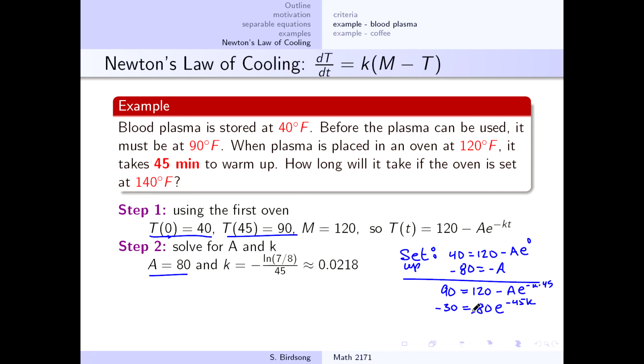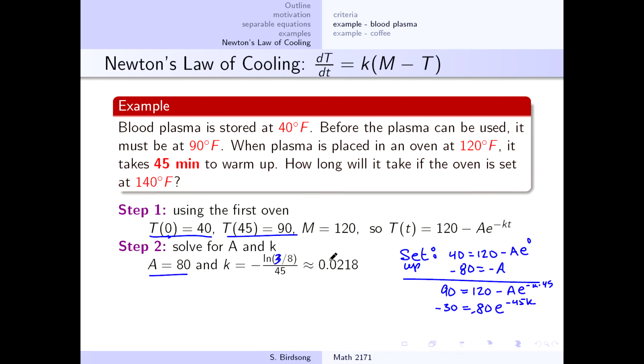Alright, and don't forget the negative here on the 80 that I did just a second ago. Also, it looks like there's a slight typo. Notice here there's the 30 and the 80. When we divide both sides by negative 80, the negatives will cancel. Those zeros will cancel and we'll get 3 over 8. And this here should have been a 3 instead of a 7. However, I also just double checked. The decimal here is correct with the 3, so don't worry about that if you're trying to follow along.